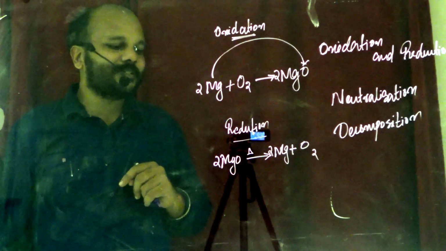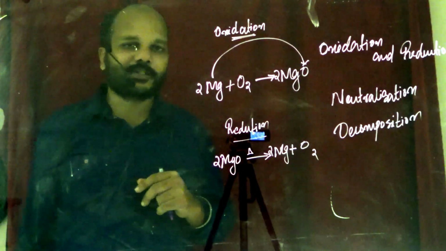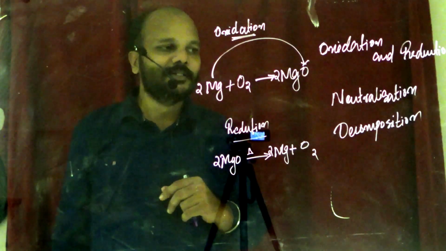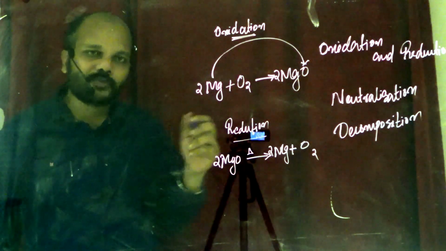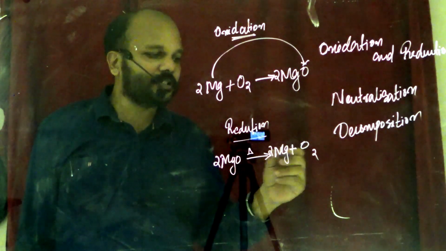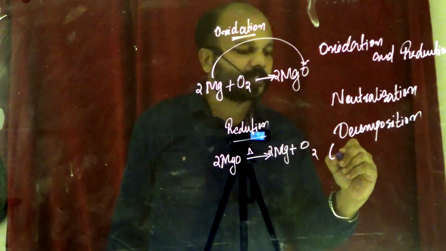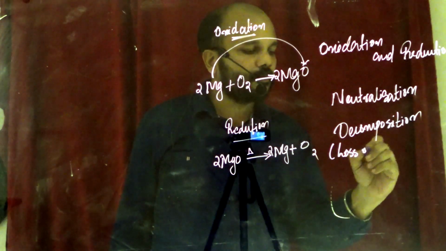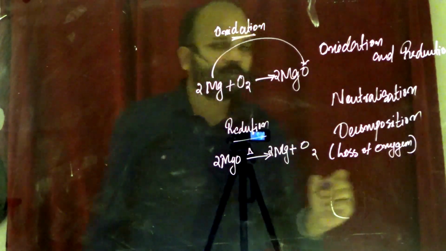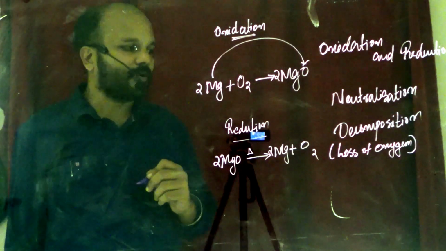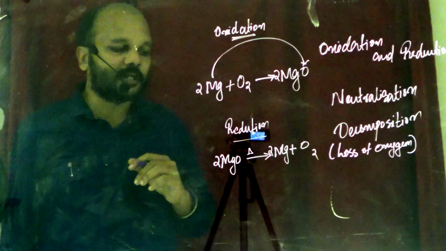Other way also we can tell what an oxidation reaction and a reduction reaction are. Here we said that loss of oxygen is reduction. In another way, gaining of hydrogen is also reduction.